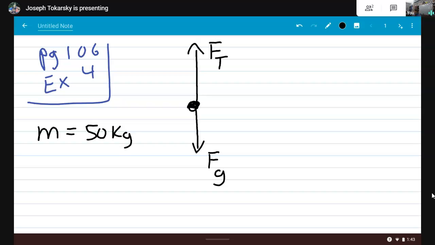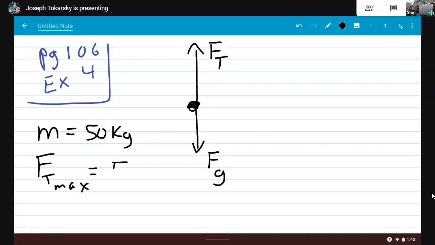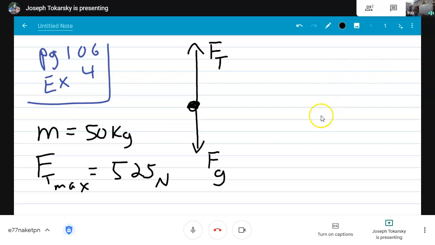Now here's where we've got to be careful. In a problem where we decide if the rope breaks or not, we're always going to be given a max tension. But we've got to be very careful. In this kind of problem, we don't actually use that 525 as the tension.